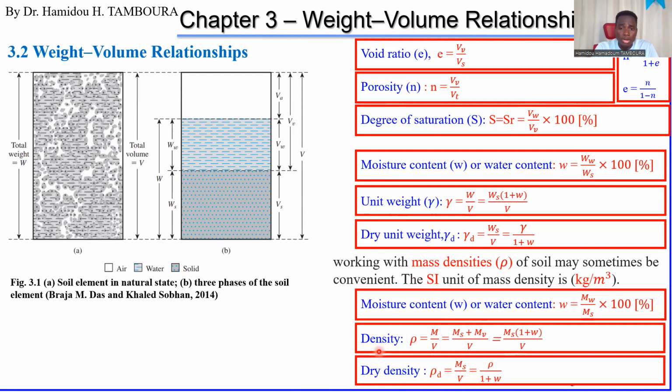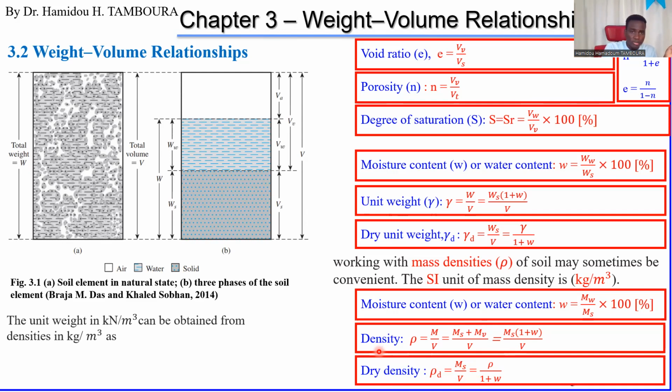Sometimes you need to go from weight to density, because sometimes you are working on the construction site. For example, you are working with kilograms, so it will be easy for you to go with this mass density.